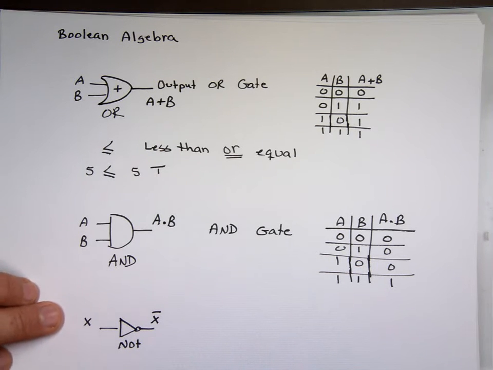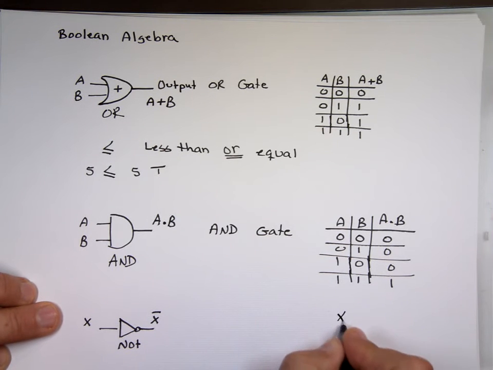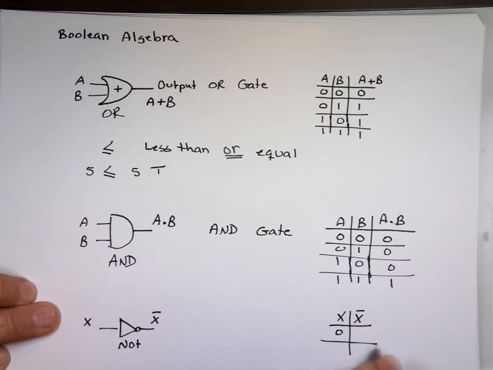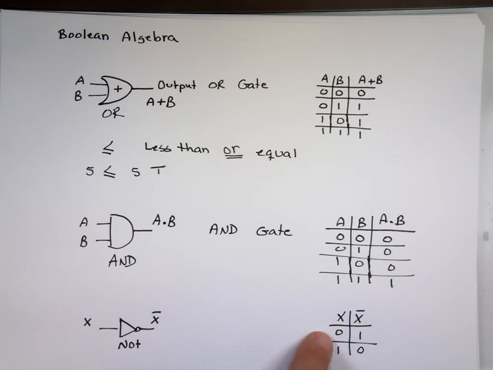For binary, you only have two options, ones and zeros, right? So if it's not 0, then what is it? 1. If it's not 1, what is it? 0. So it's the complement. It flips it. If it's 0, we'll make it a 1. If it's 1, we change it to a 0.